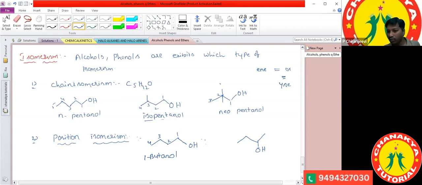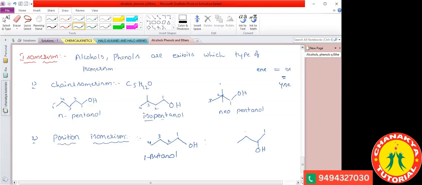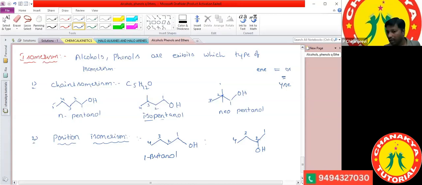Count the number of carbon atoms: 1, 2, 3, 4. In the line structure we have 4 carbon atoms in total, so we call this 2-butanol. The first one is 1-butanol and the second one is 2-butanol.